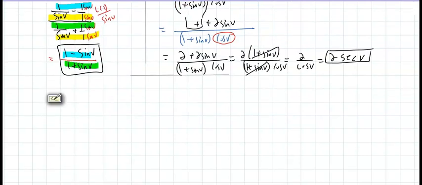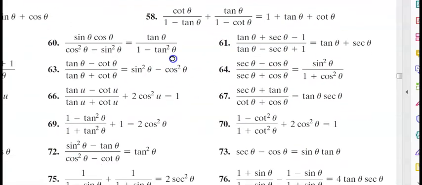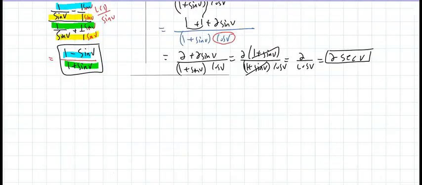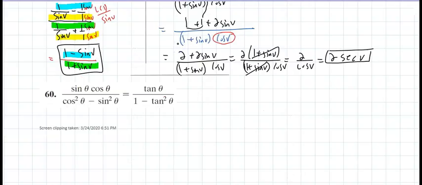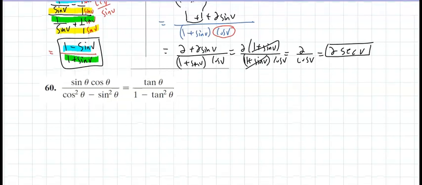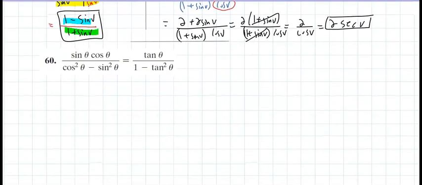I'd like to look at problem number 60 next. Number 60, I'm trying to figure out which side to start with, and you can't go wrong on that. I am going to choose to go with the right side.